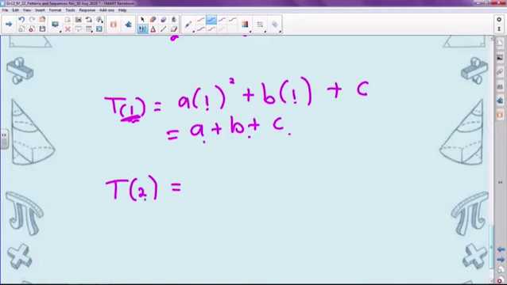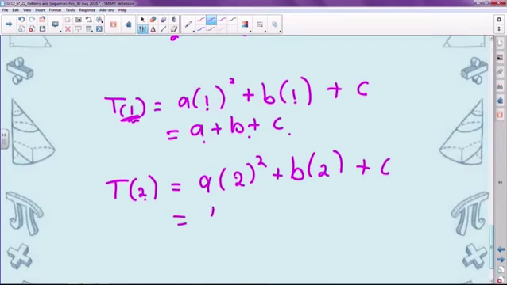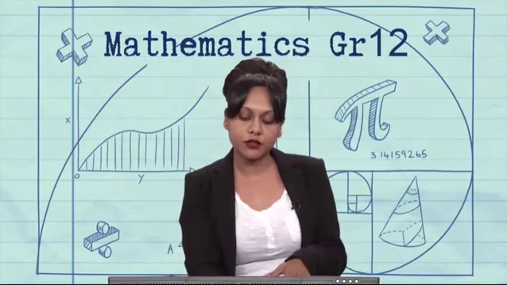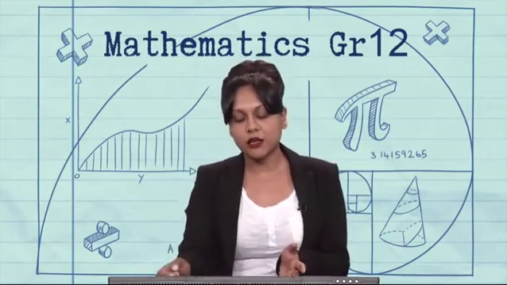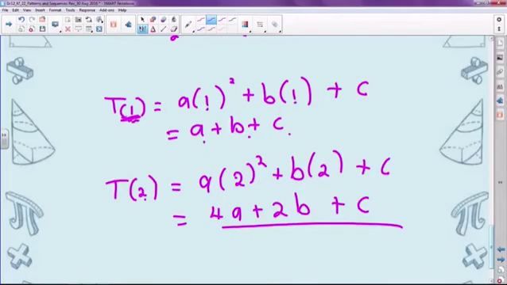So term 2 is given by A times 2 squared plus B times 2 plus C. So that will give me 4A plus 2B plus C. All right, so the expression for term 2 is given by 4A plus 2B plus C in any quadratic sequence, and the expression for term 1 is given by A plus B plus C.